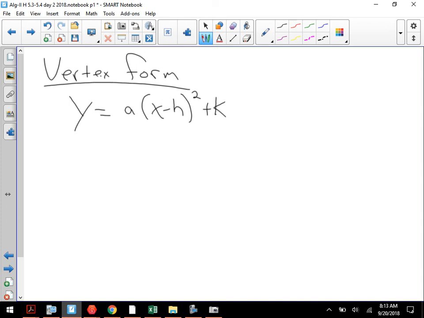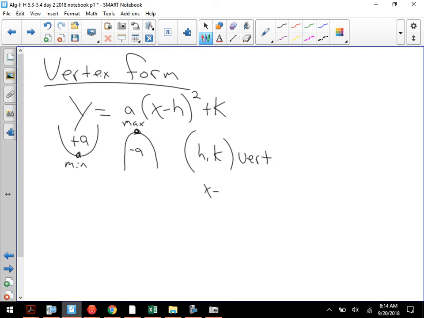It is a super fast way to do it. That tells me that my a value still does the same thing, positive a, up like a cup, minimum, negative a, down like a frown, maximum. h and k is my vertex. And then x equals h is the axis of symmetry.